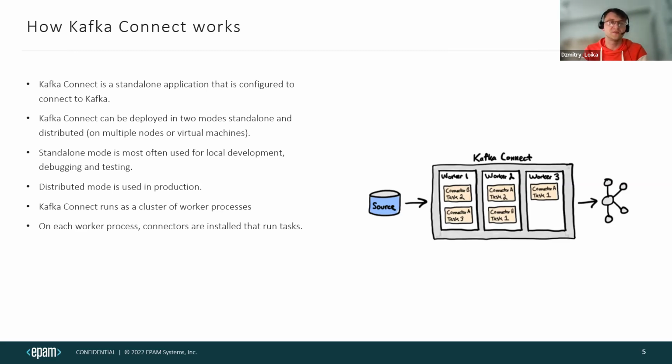If you are developing locally, debugging or testing, it is better to choose standalone mode. In production, it is better to use distributed mode. Kafka Connect runs as a cluster of worker processes, and each worker process installs a connector and runs the tasks.